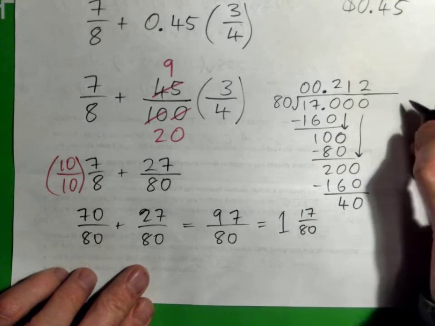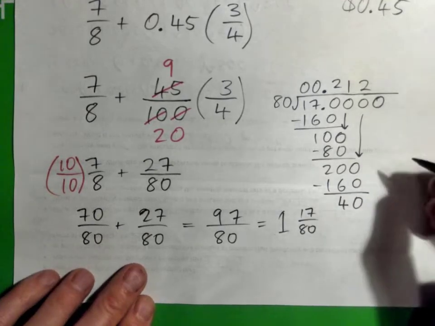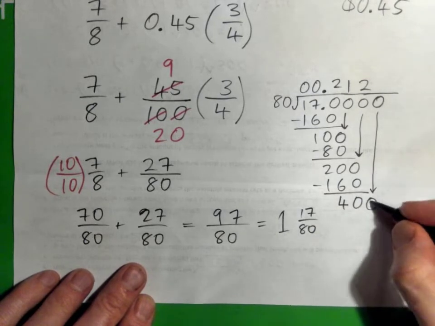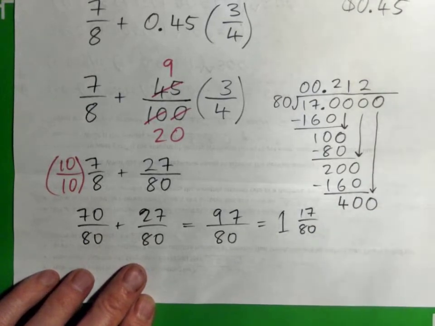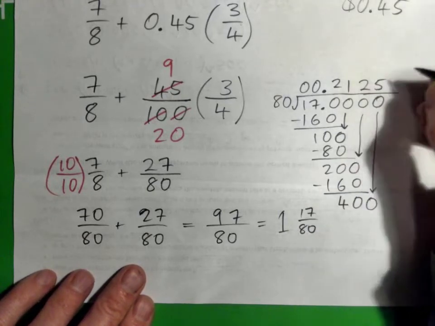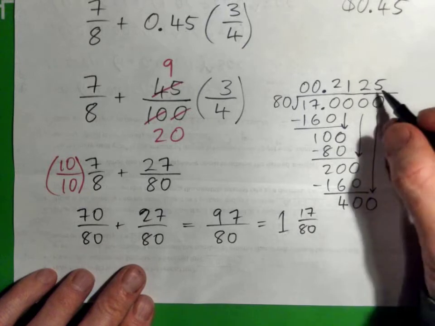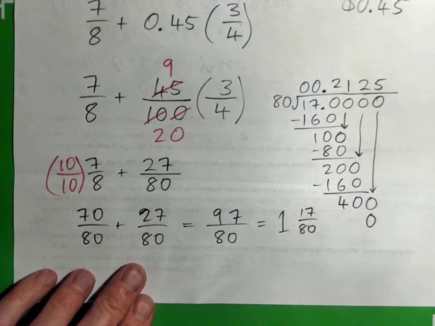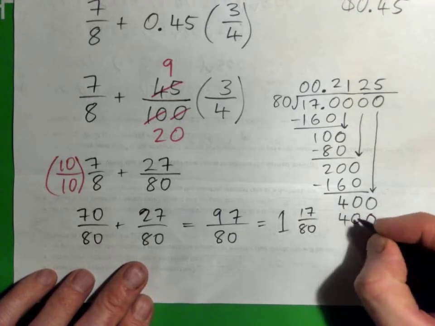Are we there? As the kids say in the back of the car, are we there yet? Bring the 0 down. 80 into 400 is 5 times, right? 5 times 0 is 0. 5 times 8, 40, yeah.